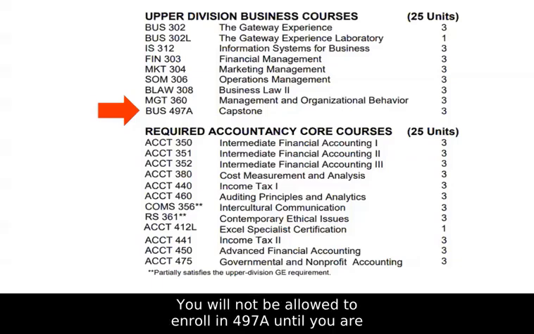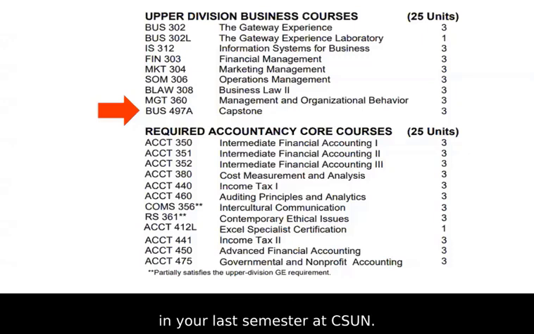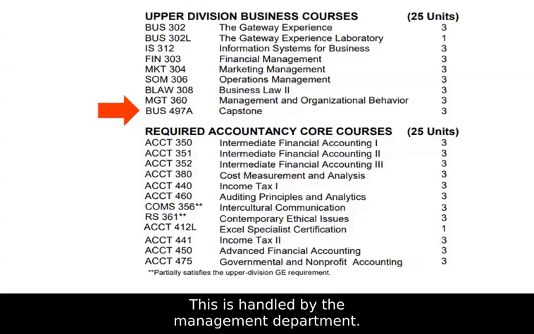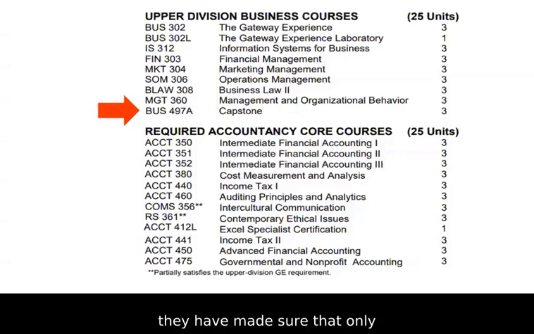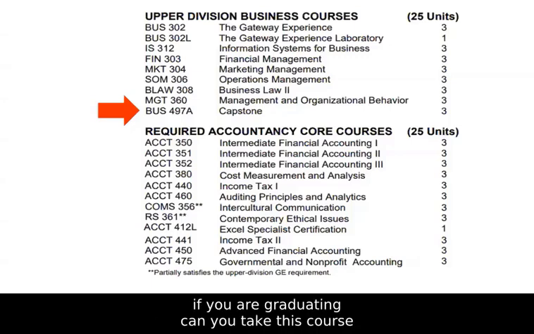You will not be allowed to enroll in 497A until you are in your last semester at CSUN. This is handled by the management department, and because of all of the demand for graduating seniors, they have made sure that only if you are graduating can you take this course in your last semester or possibly summer.